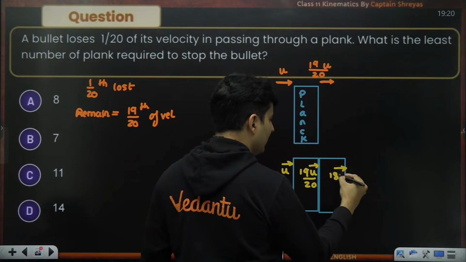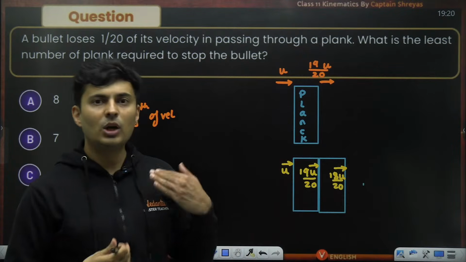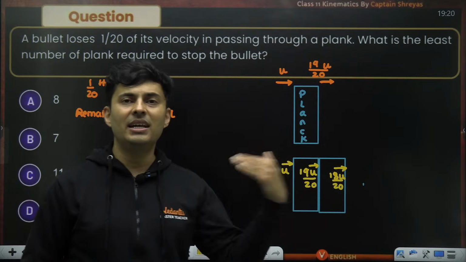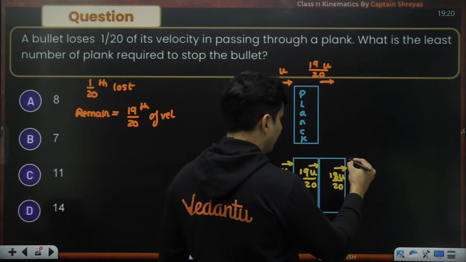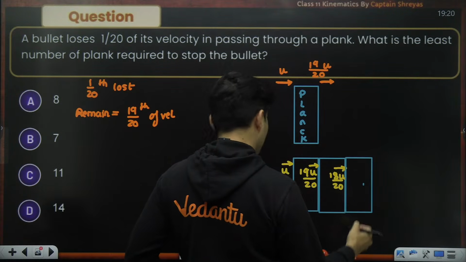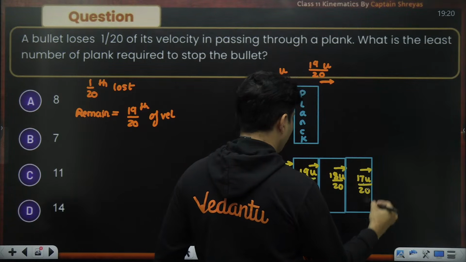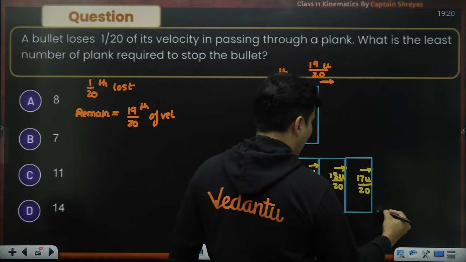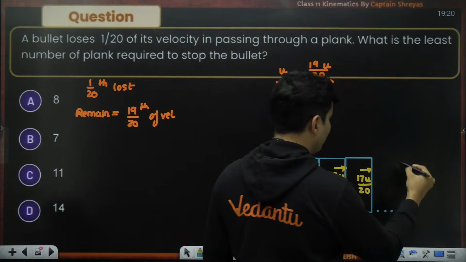So 18u/20 will be there. Every plank, it will keep losing 1/20th of its velocity. And if you keep seeing that again and again, the next number will be 17u/20. So after how many planks do you think the speed will become 0?